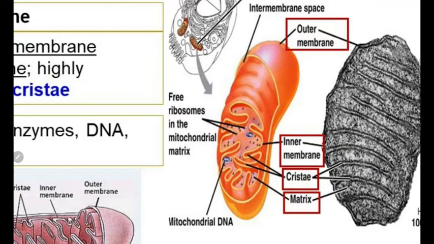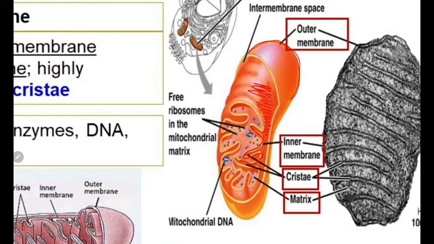This is the outer membrane of the mitochondria. The inner membrane is here. The folded part is the inner membrane. And in between the outer and inner membrane, here is the intermembrane space.